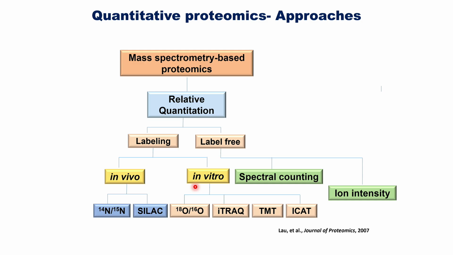If you are doing culture and your research question is treatment versus not treatment, you have a model of Alzheimer's disease, or any disease of your interest, then you can have that model versus control.